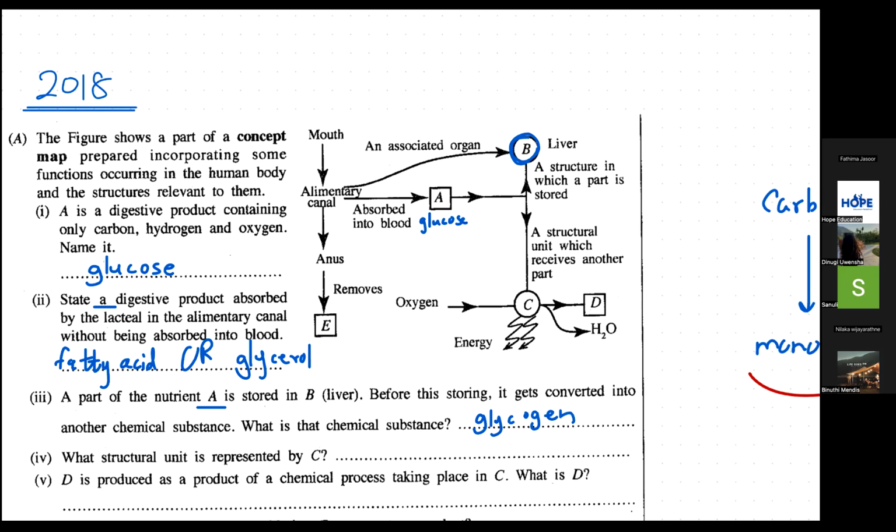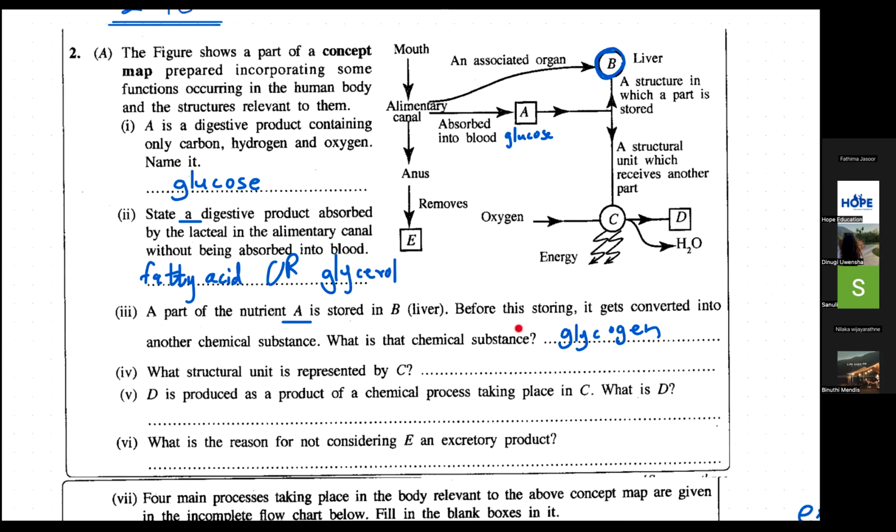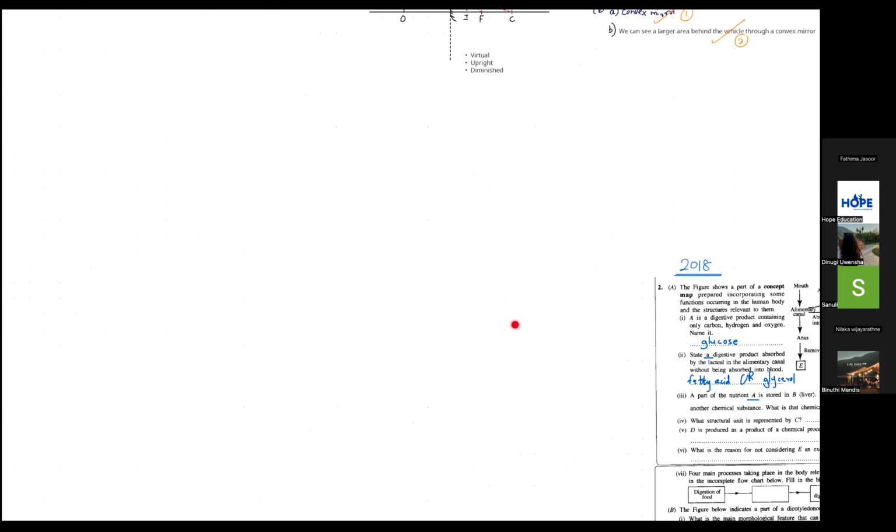Can you all write the reaction for the production of energy from glucose? Production of energy from glucose is cellular respiration. Try to write the reaction on your own, without copying from anywhere. Write the reaction for cellular respiration.